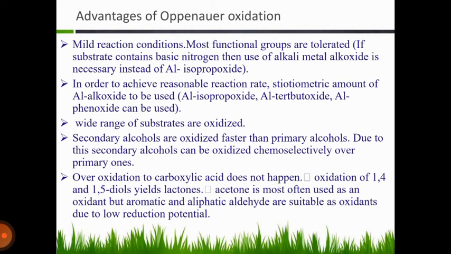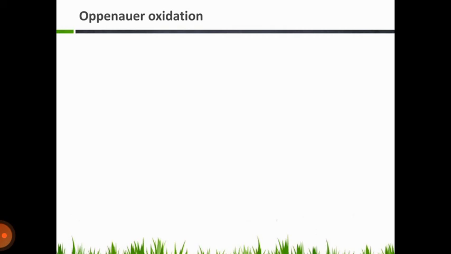But aromatic and aliphatic aldehydes are also suitable as oxidants due to their low reduction potential. So they are easy to get reduced. That means it is a little easier to get oxidized.